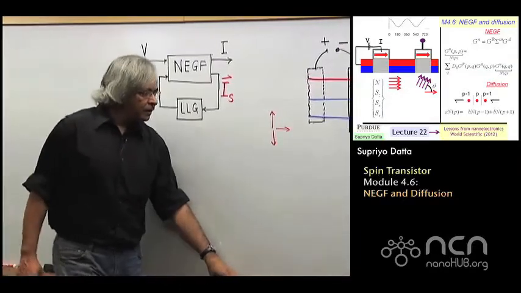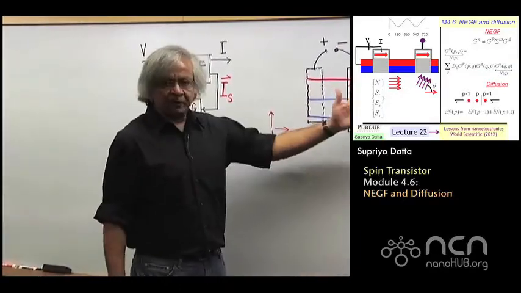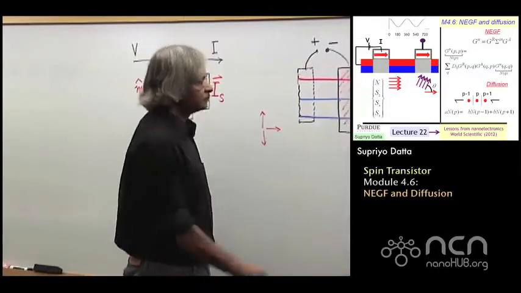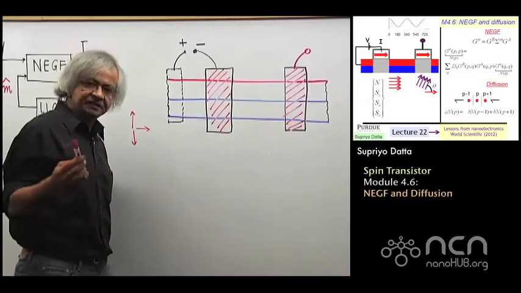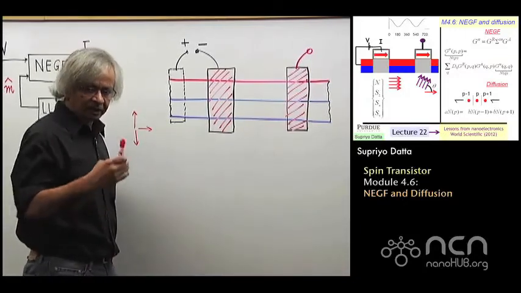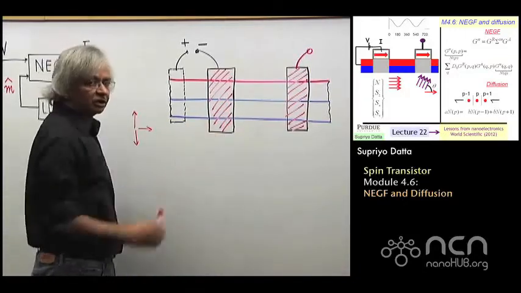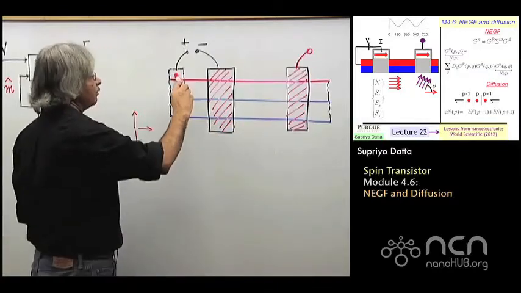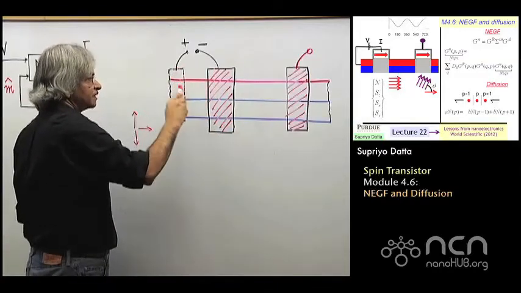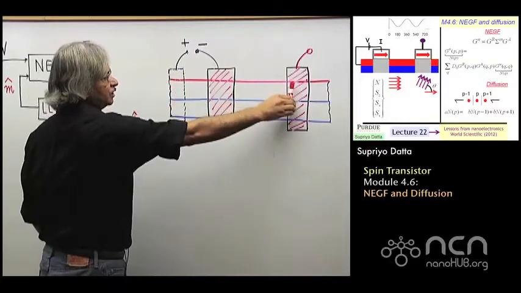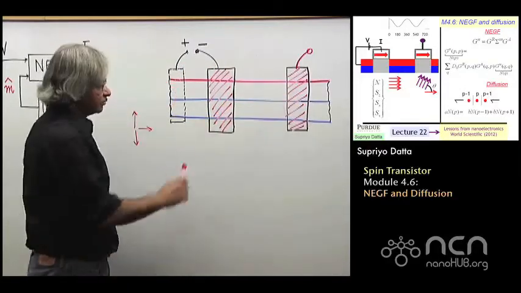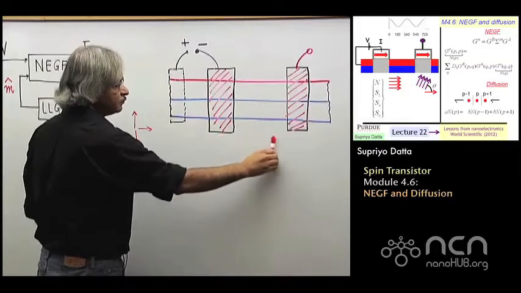Now, the second type of problem that we talked about were these non-local things. Non-local meaning, and this is again in part 1 as well, towards the end of part 1, we started talking about non-local structures where the current runs in this part of the structure and you measure a voltage somewhere out here. Because when the current runs here, these spins diffuse away.